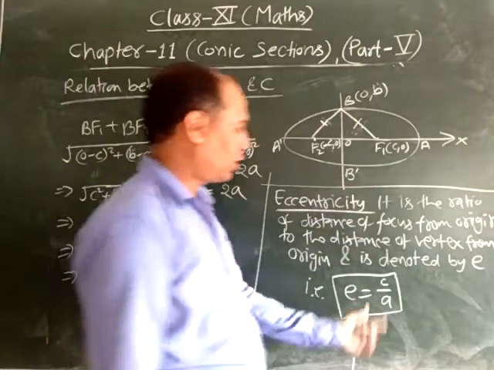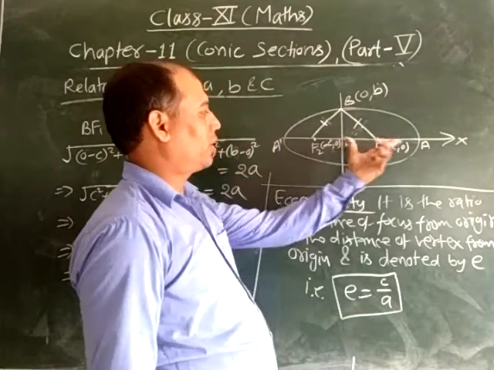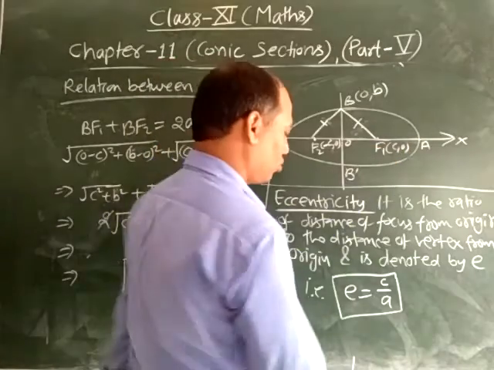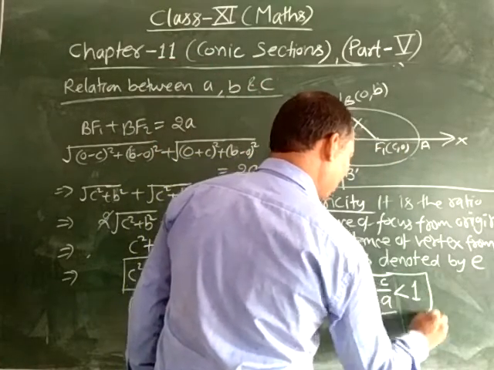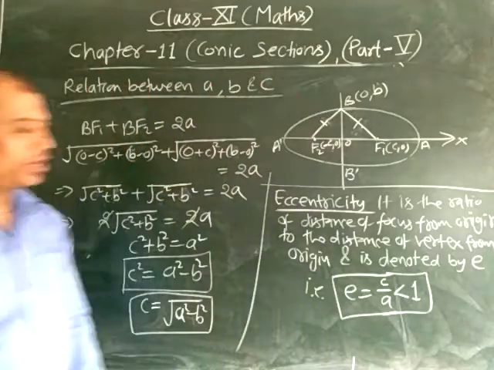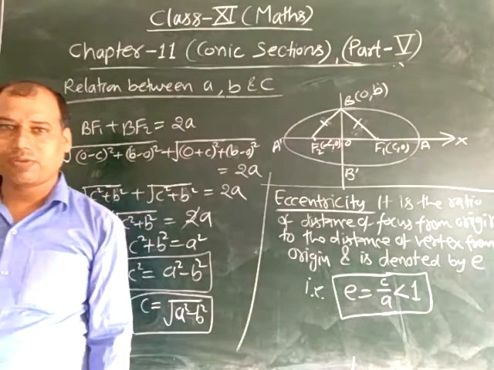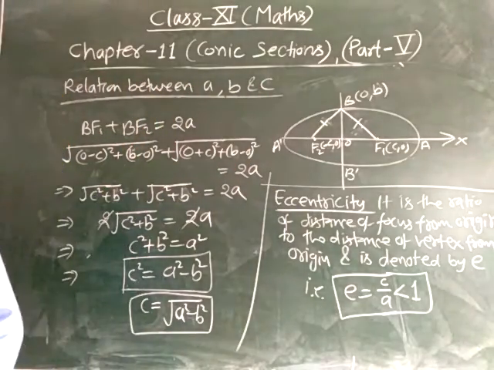For the ellipse, C is less than A, so this value is always less than 1. For the ellipse, eccentricity is always less than 1. It is clear, students?